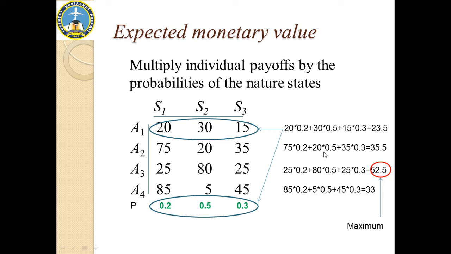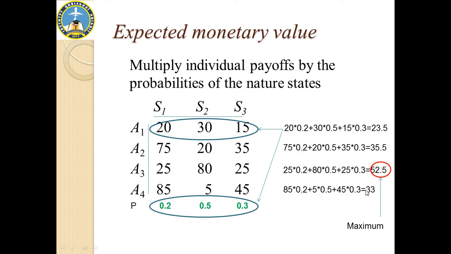So 75 times 0.2 plus 20 times 0.5 plus 35 times 0.3. We get 35.5. We repeat the same procedure for the remaining two rows. So we get 52.5 and 33 as the expected monetary values for the third and fourth decision-making options.